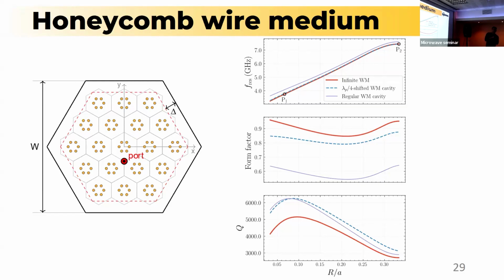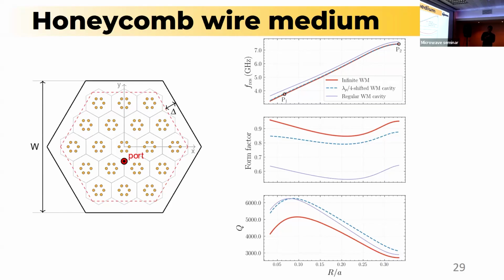So we have the following scenario. If we check the resonant frequency, we can compare the infinite wire medium, which will coincide with the plasma frequency value, with two cavities: the lambda/4 shifted cavity and the regular one. The regular one doesn't include any air gap. We can see that the regular one is always resonating slightly above the plasma frequency, but the lambda/4 shifted cavity almost always coincides with the plasma frequency.